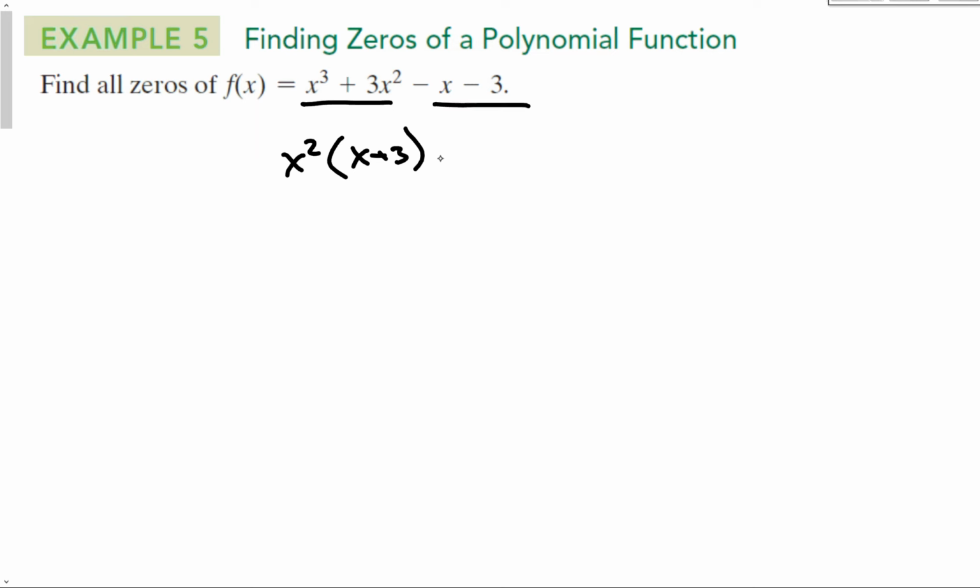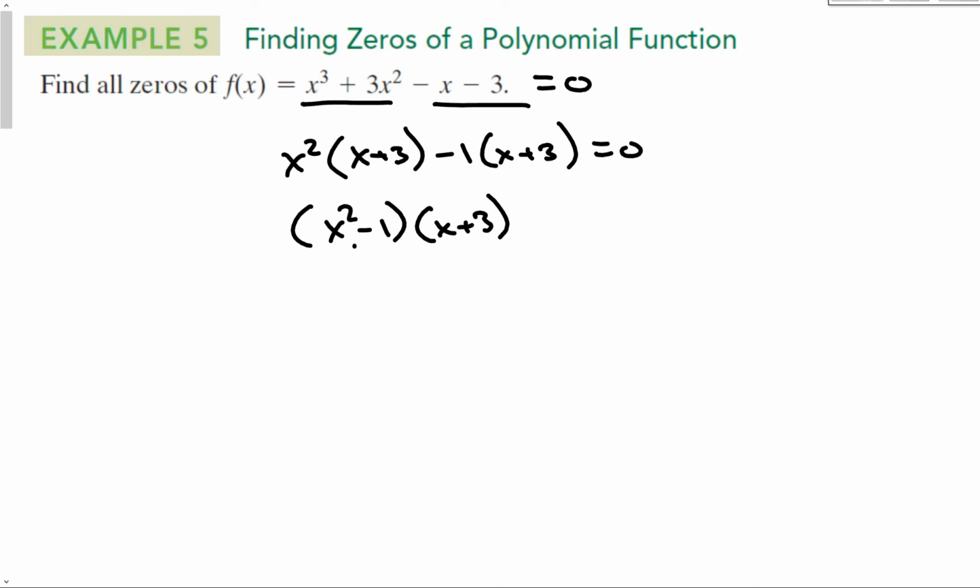Right here, I can factor out a negative 1, which leaves me with an x plus 3 again, which leaves me with x squared minus 1 times x plus 3. And of course, I could keep factoring this piece because it is a difference of squares. Oh, and of course, I'm going to set these equal to 0 to find the zeros of the polynomial function.